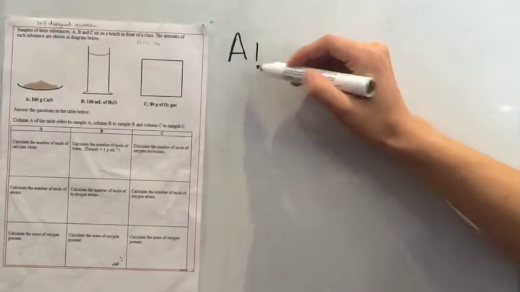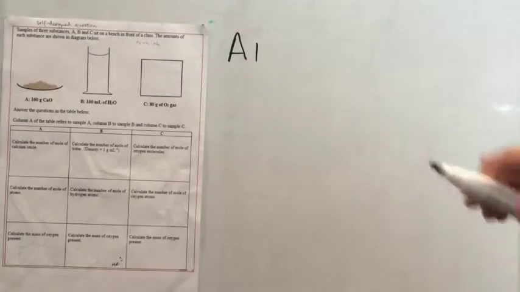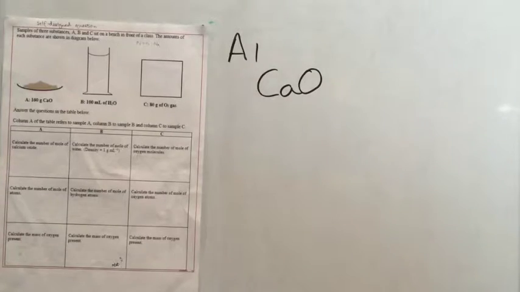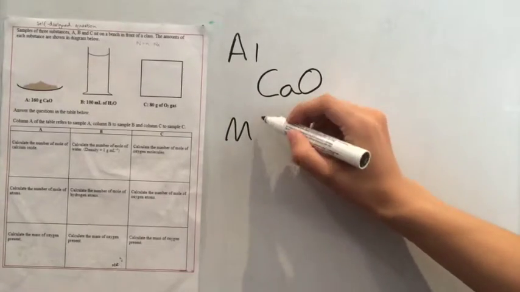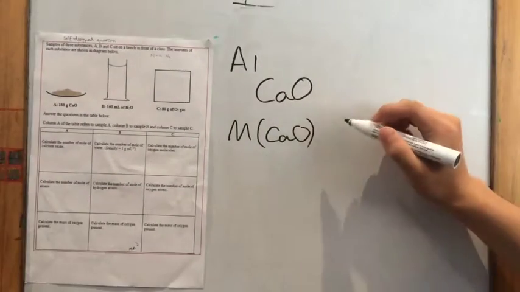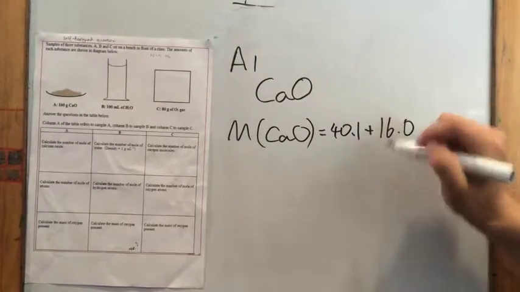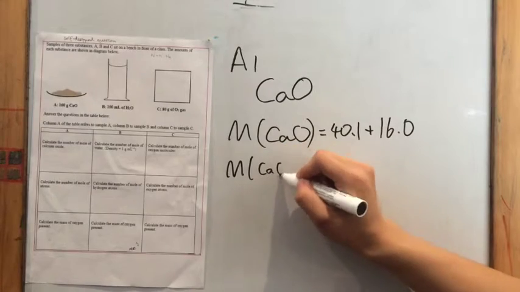Now, for column A, we were first asked to calculate the number of moles of calcium oxide there is. So we know that calcium oxide is simply calcium and oxygen in a 1-to-1 ratio. So the molecular mass of calcium oxide should be 40.1 plus 16.0, and that adds up to 56.1 grams per mole.